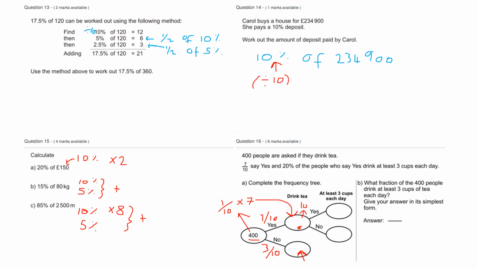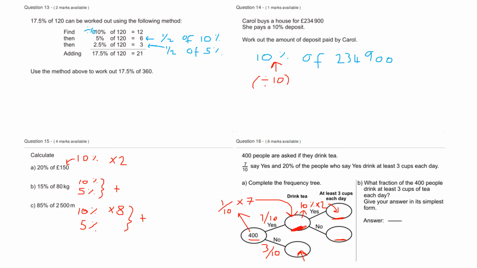So you're going to do 10%, and then you're going to double it to get 20%, and that will tell you this answer here. Okay, and you can work out the no's by just subtracting your yeses off the number you started with here.